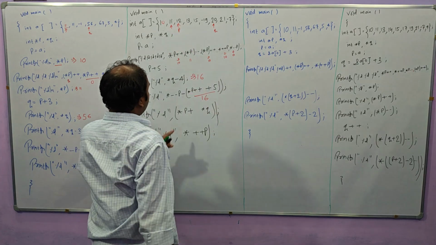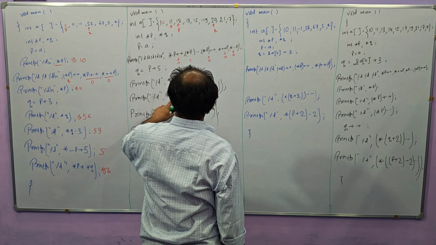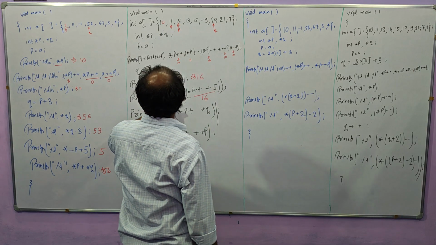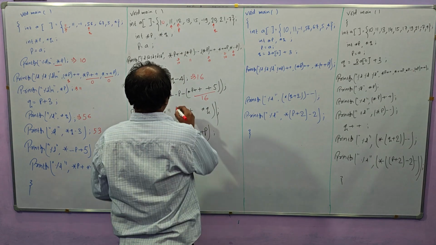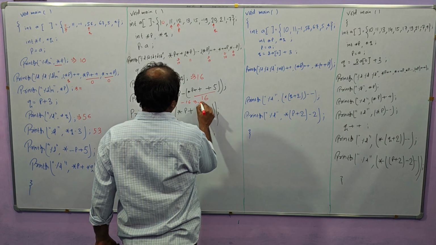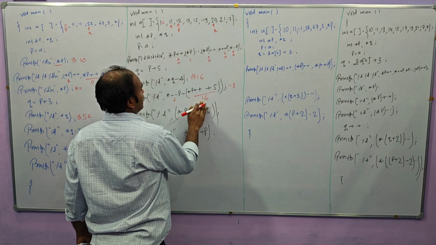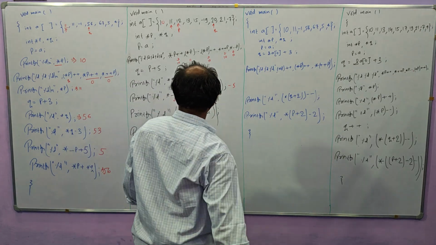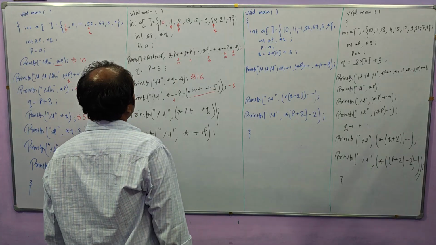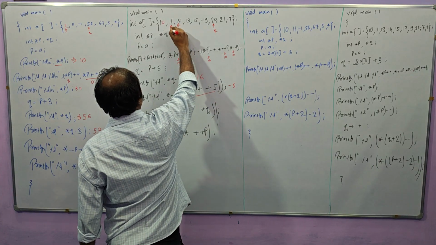And minus of 16, when we press 11, it gets 11 minus 16, that is minus 5. Then we got minus 5 as a result, and pointing to this.